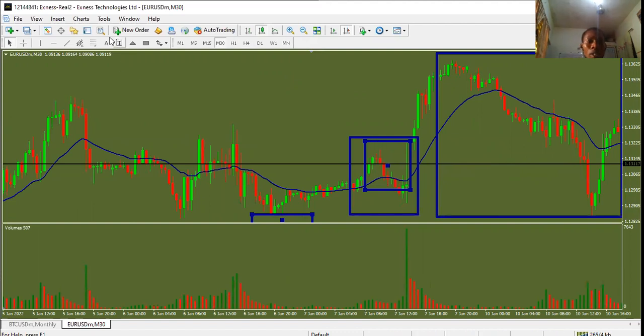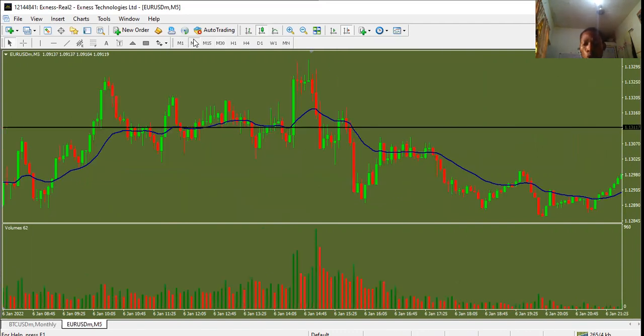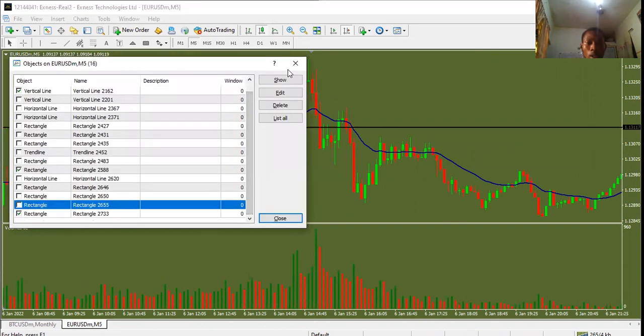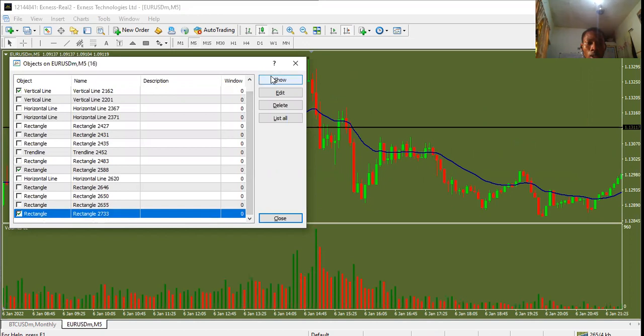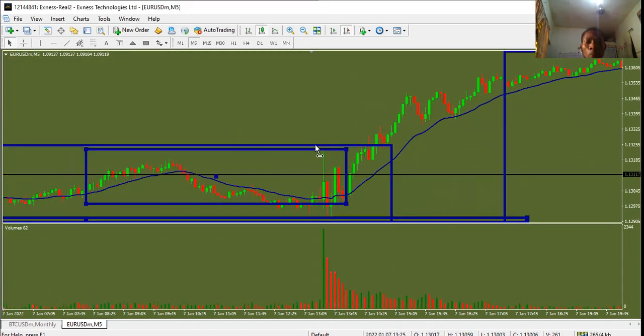Look at it. This is the 30 minute time frame market structure. There is no break below this 30 minutes market structure level. Can you see? But instead, price now formed the same market structure again. Price formed the same market structure level again at this point.